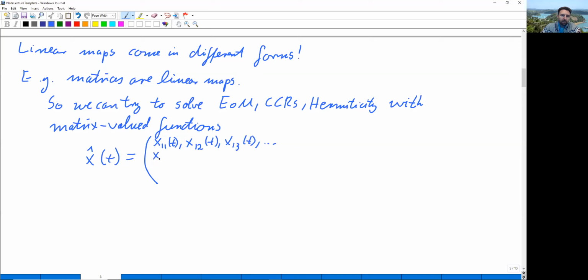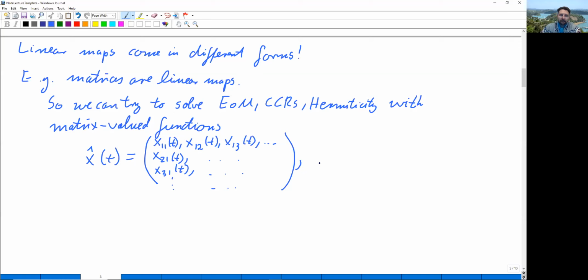And then here it will have x21 of t and x31 of t, dot dot dot, etc. And if you remember from the previous lecture, we should expect that these matrices may have to be infinite by infinite dimensional.